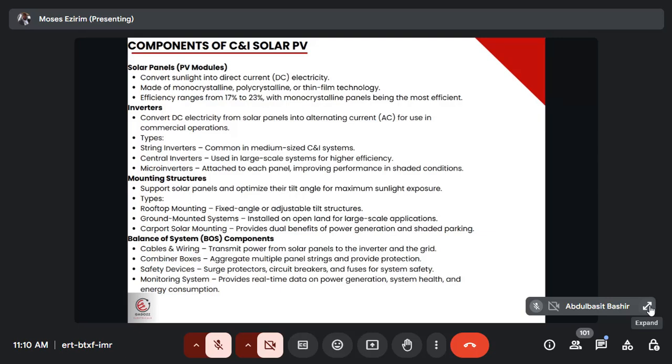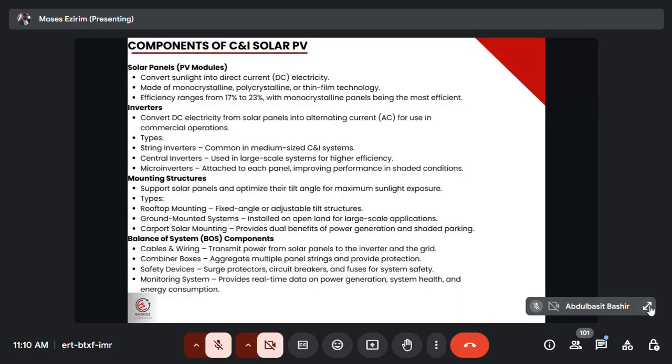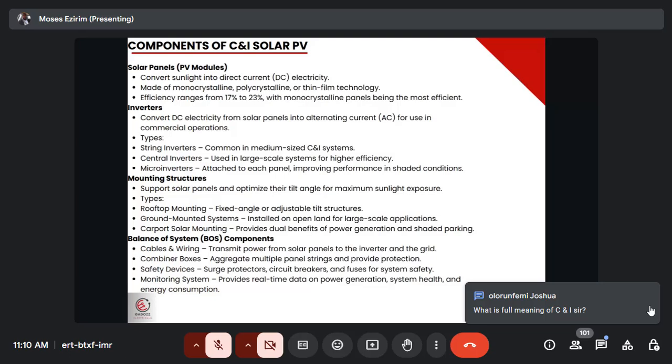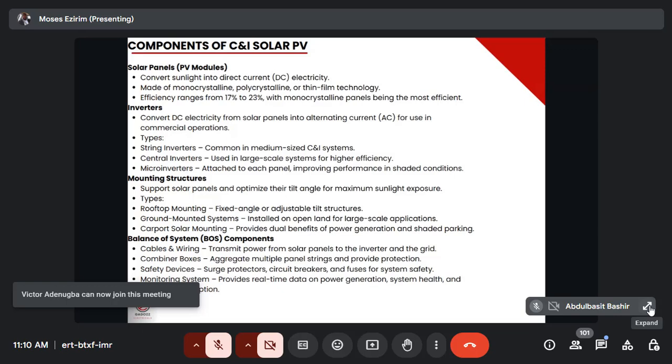Now, what is monocrystalline? Oh, sorry, my bad. C&I means commercial and industrial.